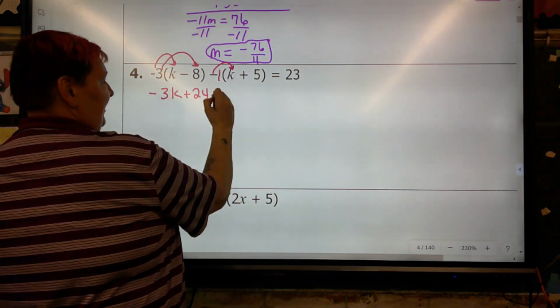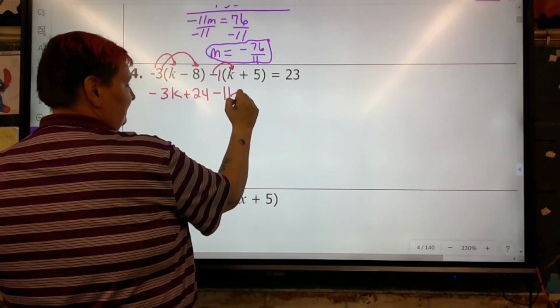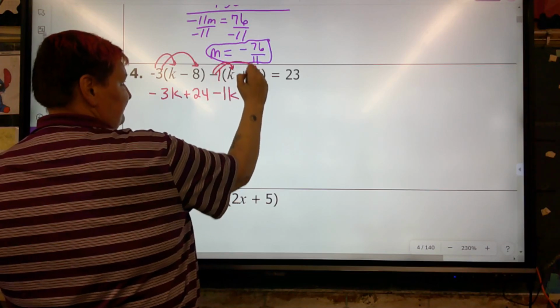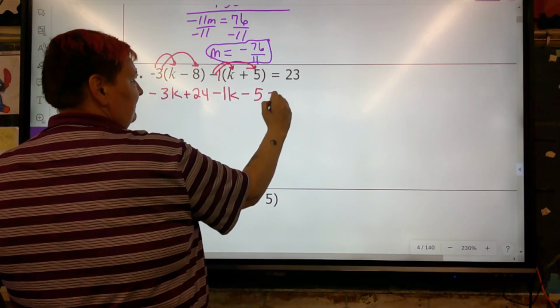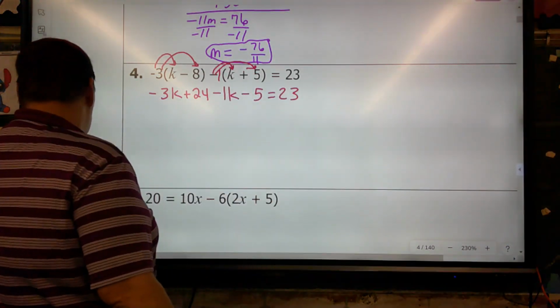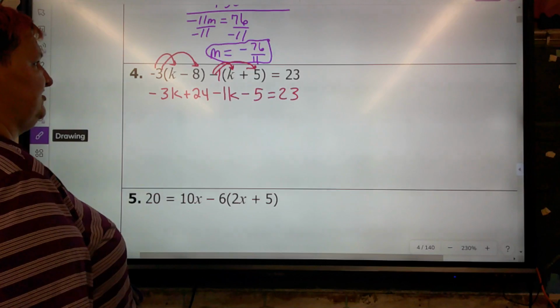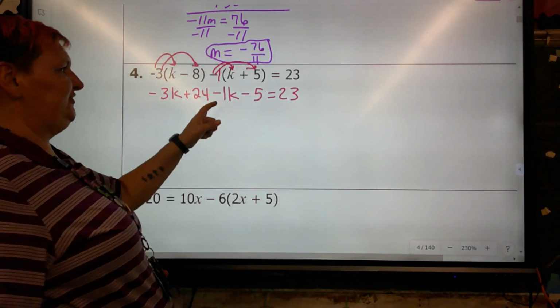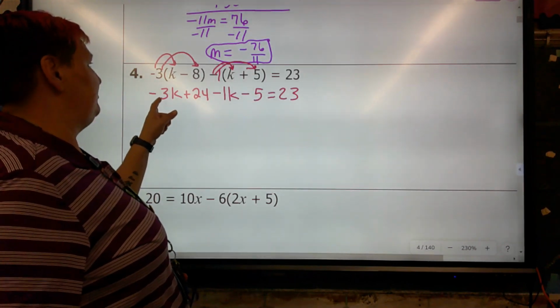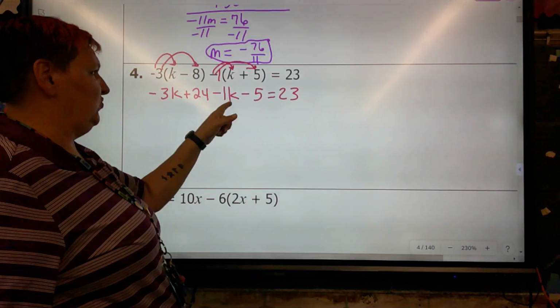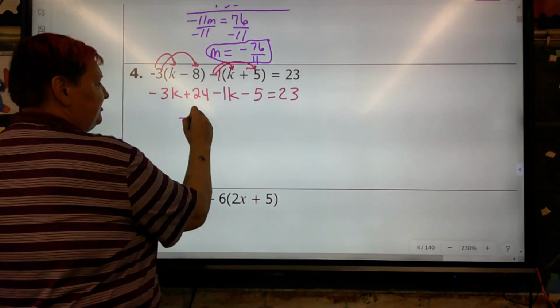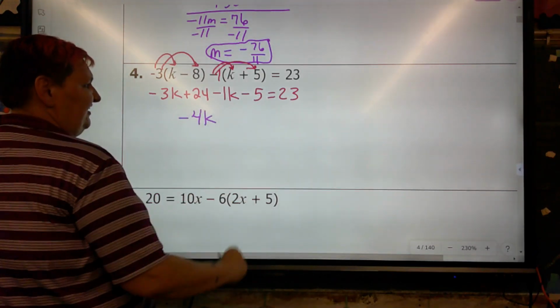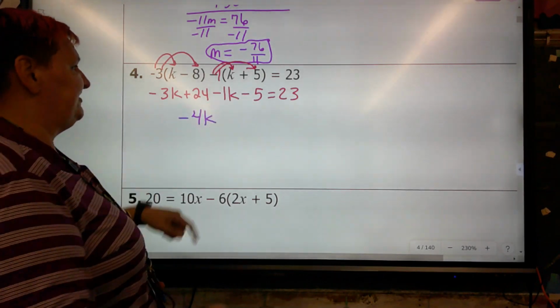Negative 1 times k is negative 1k. Negative 1 times positive 5 is negative 5. Right? And then look for like terms. This is why it helps to put the invisible 1. Because now when you look at this, negative 3k minus 1k, you know that you're actually going to combine them and it's going to stay negative. 24 minus 5.